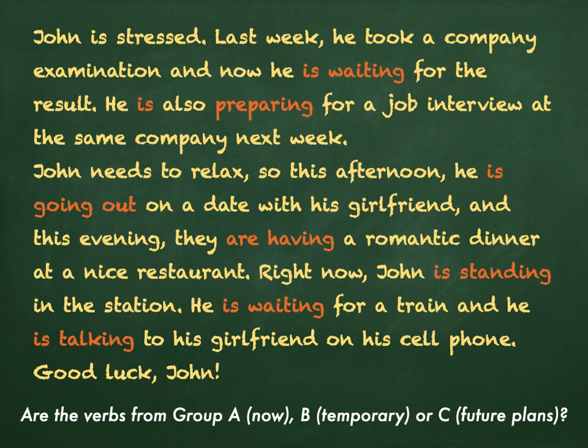First, is waiting and is preparing are temporary over several days. So that's group B. Then is going out and are having are his plans for the near future. That's group C. And finally, is standing, is waiting, and is talking are all about right now. That's group A.